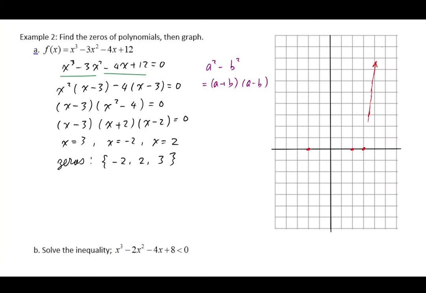So the only way to do that is it goes through this point, quickly turns back around, goes through that point, and then it has to go through 12. Let's rescale and say this is 4, 8, and 12, something like that. So it has to go through that point somewhere.